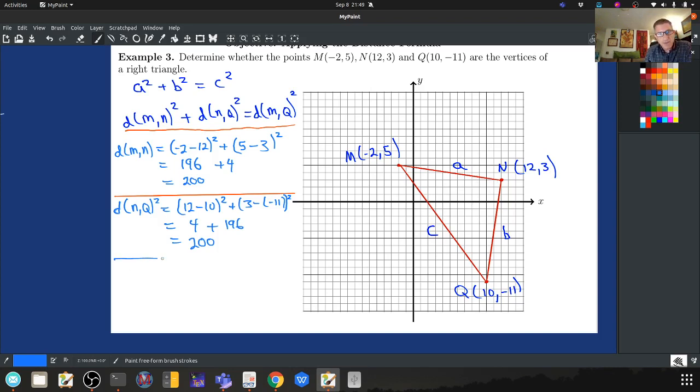So now let's find, finally, the distance between M and Q squared. Well, it's equal to the difference in their x values, minus 2 minus 10, squared, plus the difference in their y values squared, 5 minus minus 11.